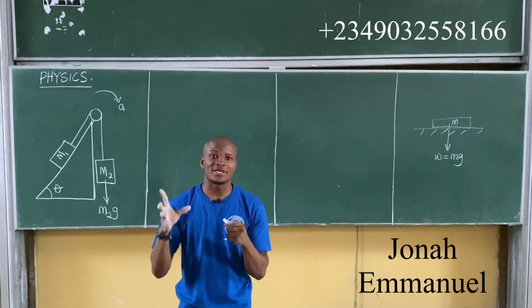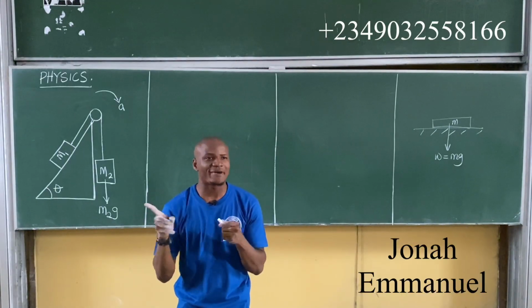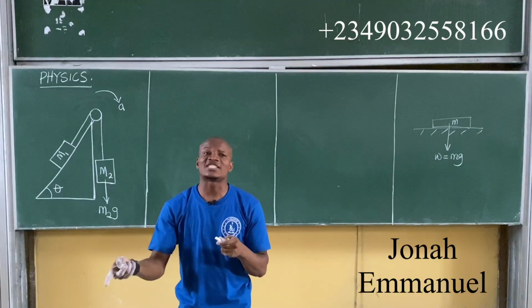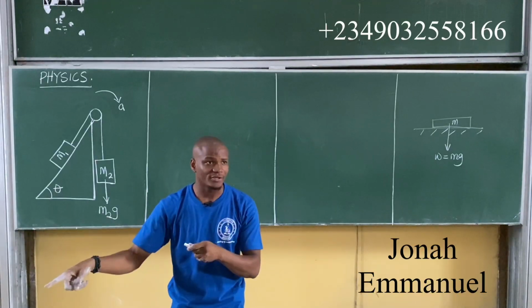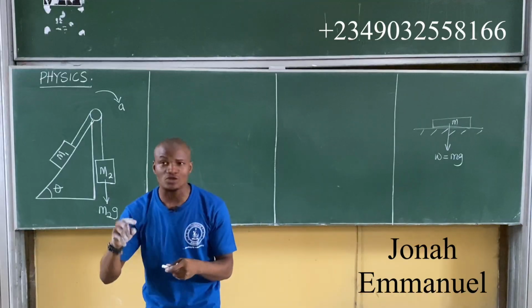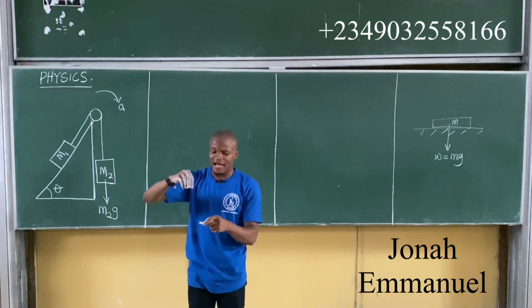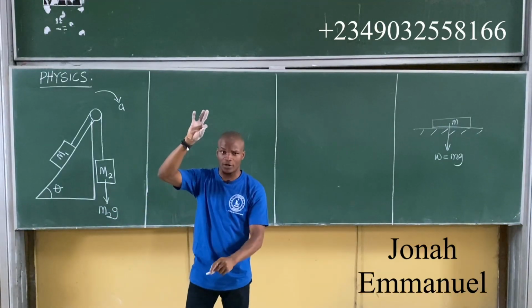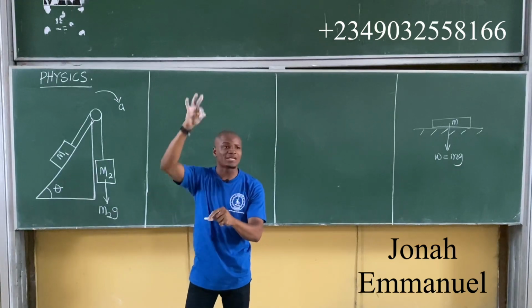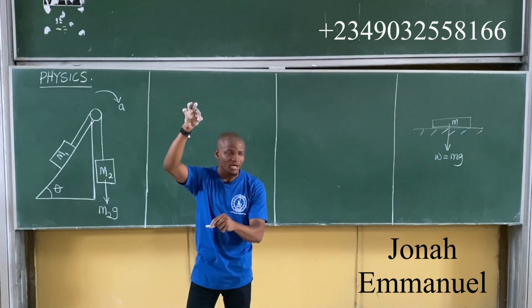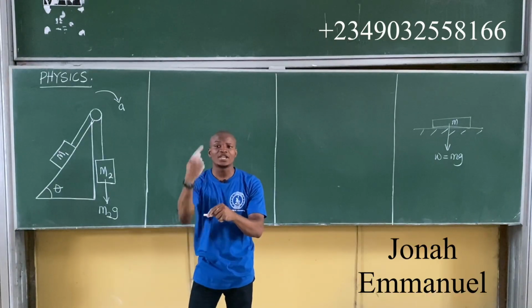A second concept is this. Frictional force acts in what direction? Is it in the same direction as the motion of the body or the opposite direction? Opposite direction. So here's the idea. If I leave this now, it will fall. If I tie a string to this and hold it, it will no longer fall. If it's not falling, what does it mean? It means there's a force acting in the opposite direction.